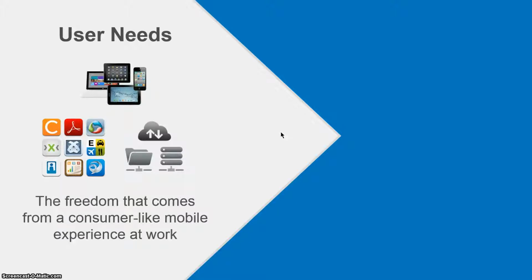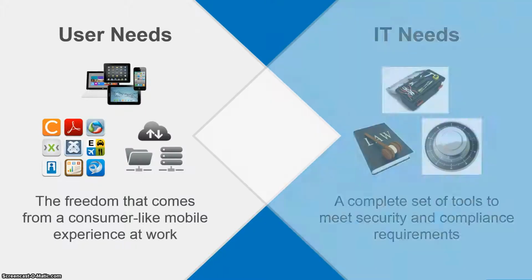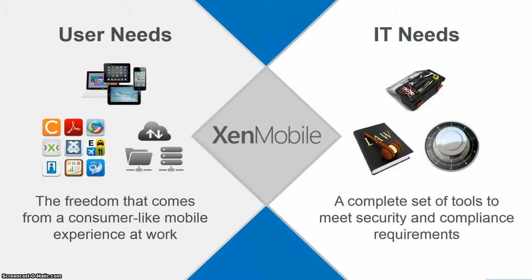Not only that, but applications that I choose to make available to those users have to be within our control. It's a rational way of looking at it, but it turns out it's very difficult to do. How does IT lay down the law, set up the data security, and give the user the tools they need to do it? They do it with Zen Mobile.